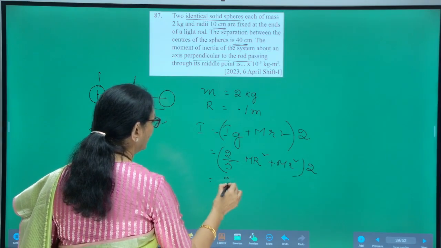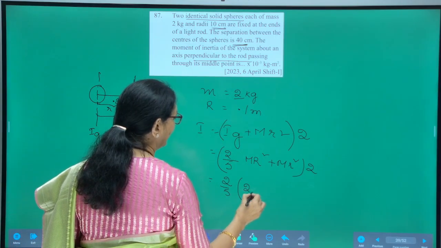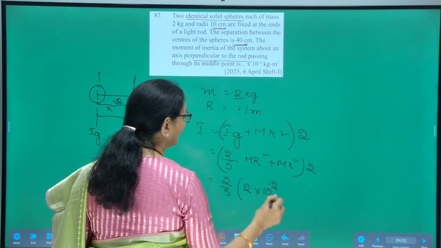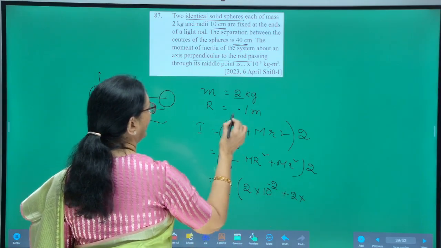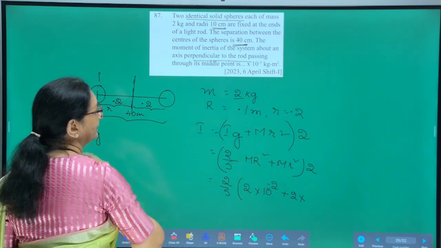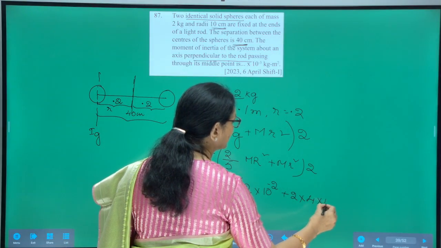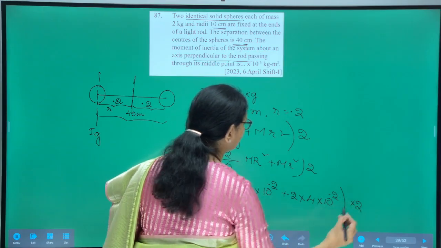Look here: 2/5, mass is given as 2 kg, r² is 0.1 × 0.1, 10 power minus 2, plus mass 2 kg, and the distance between the two axes r is 0.2 meters. So, 0.2 × 0.2 is 4 × 10 power minus 2, into 2.